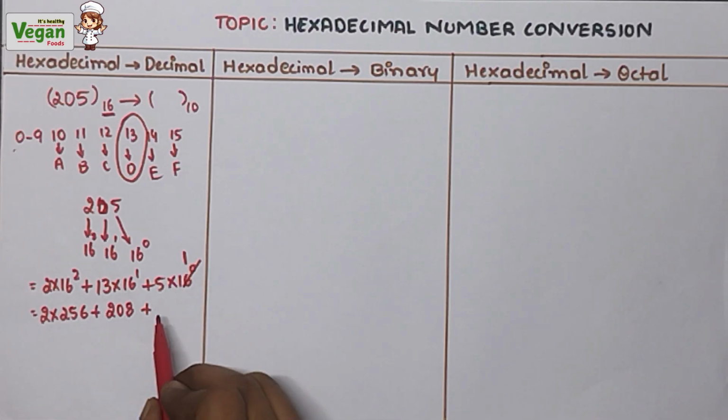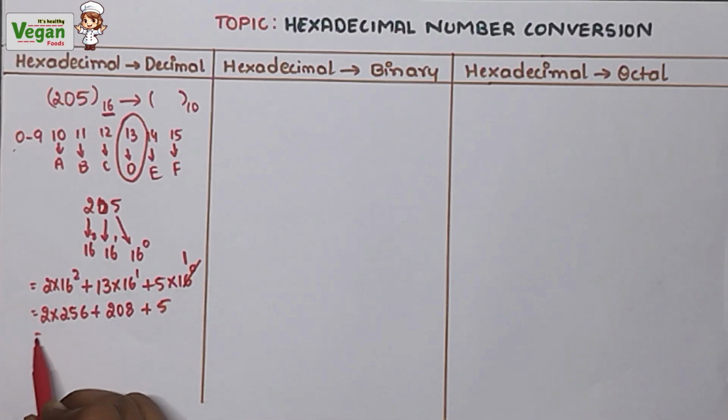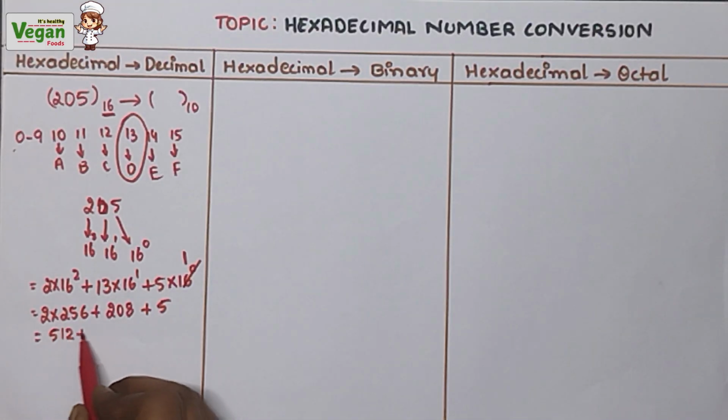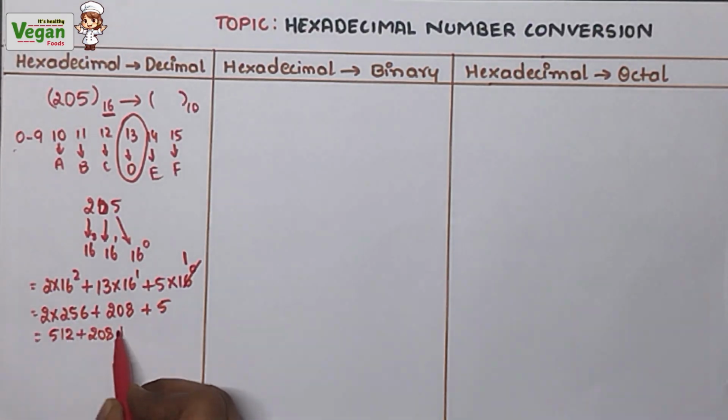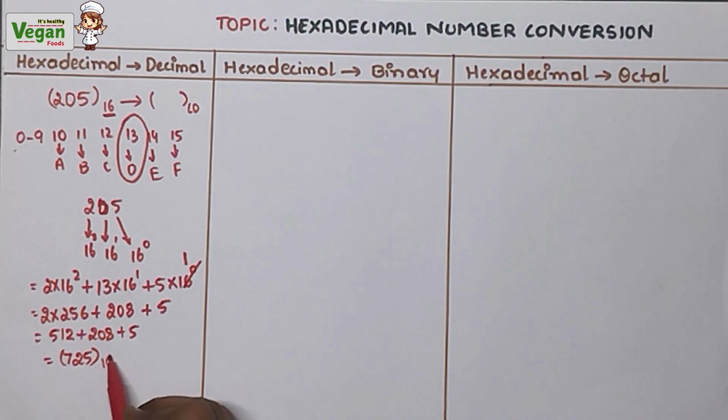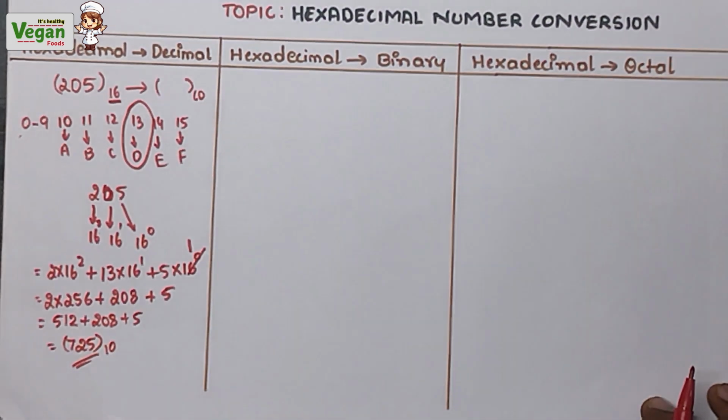So 5 into 1 is 5. Now 2 into 256 is 512, plus 208 plus 5. So what will be the final value? 725. Its base is 10. So now we have converted the hexadecimal value to a decimal value.